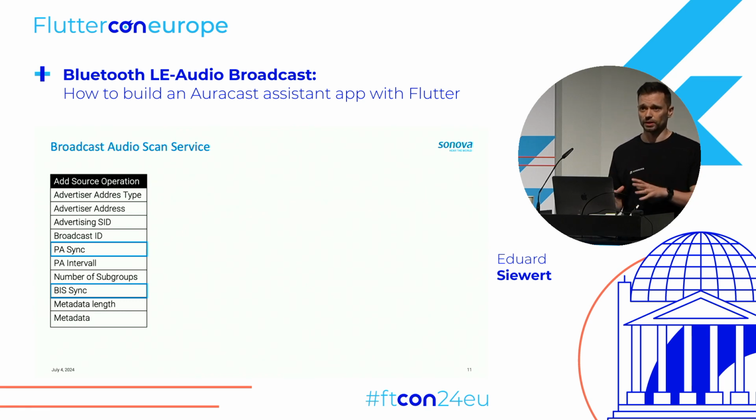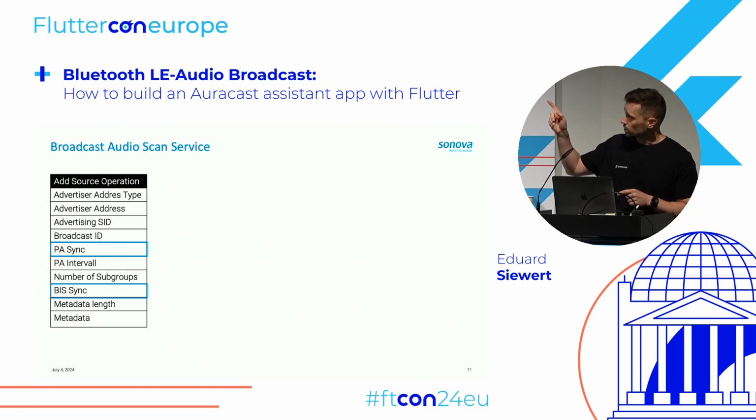Basically it contains all the information that we have seen in this picture before. And there are also 2 fields we can use to tell the receiver if it should synchronize or maybe unsynchronize from the stream. These are the periodic advertisement sync and the broadcast asynchronous sync fields, which are marked in blue here.